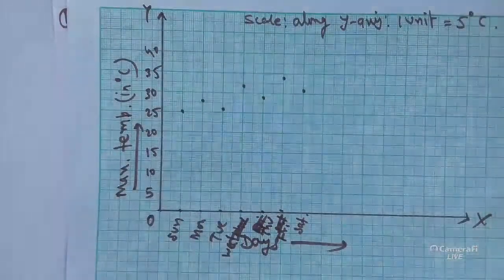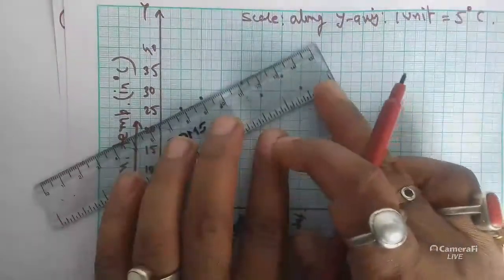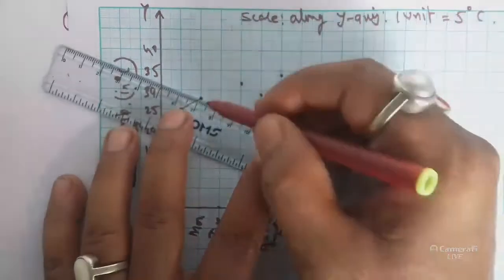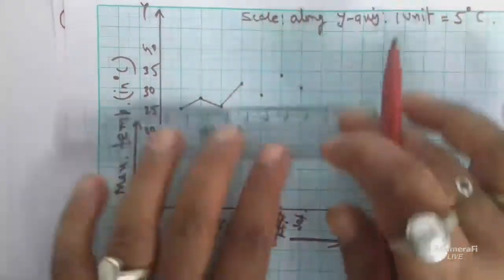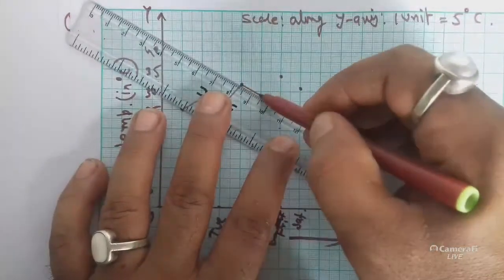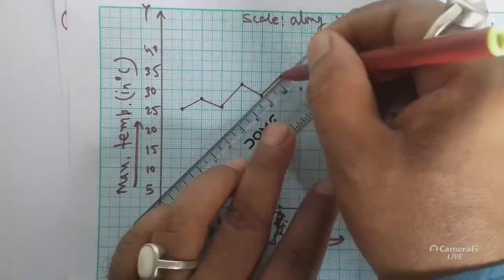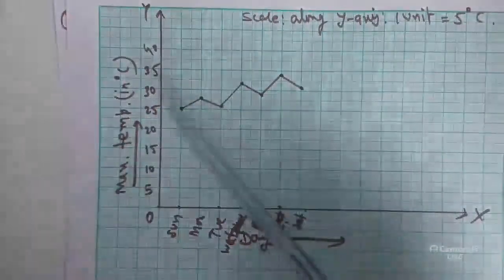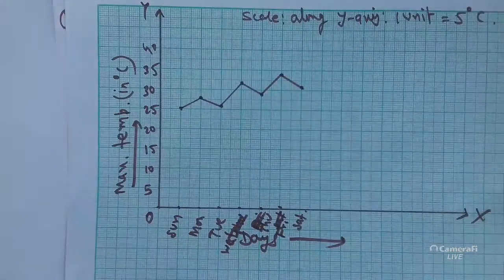Now after this we have to join these points. So join all the points. So our line graph is completed. I hope all of you understood, students.